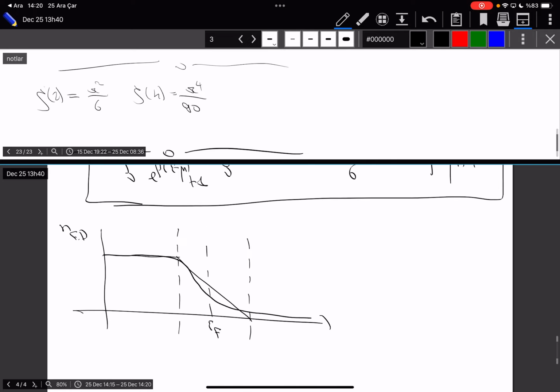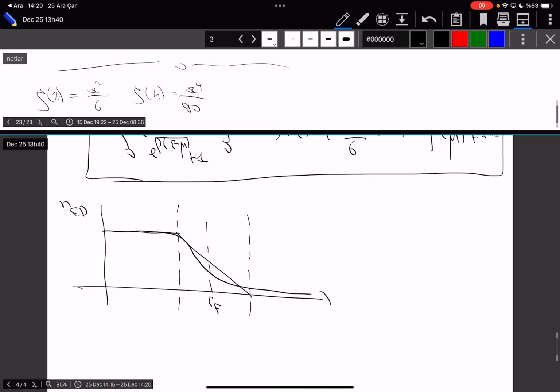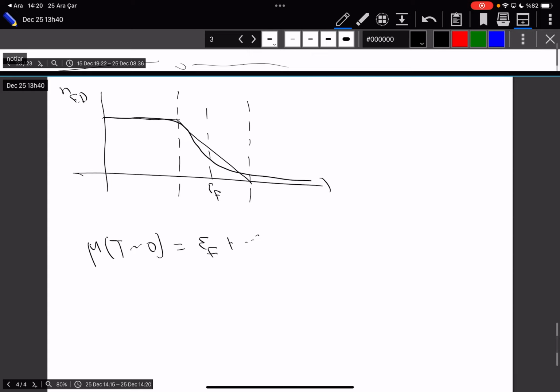Now, of course, once we have this, we should use it to calculate what we would like to do. First thing to do is always, what is the chemical potential as a function of temperature? We know that mu, when T is close to 0, will be epsilon Fermi plus some corrections. So what are those corrections? That is the first question.